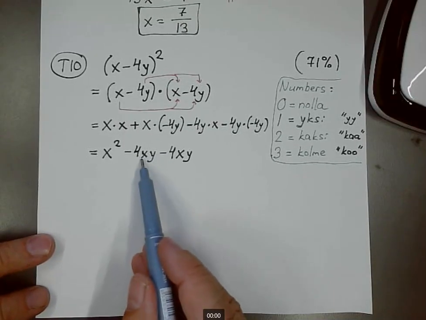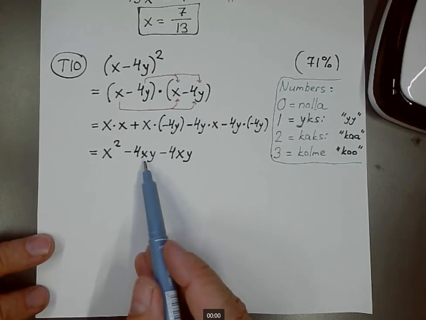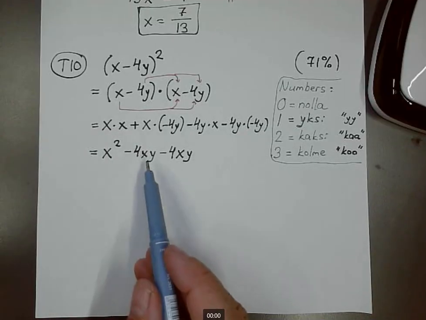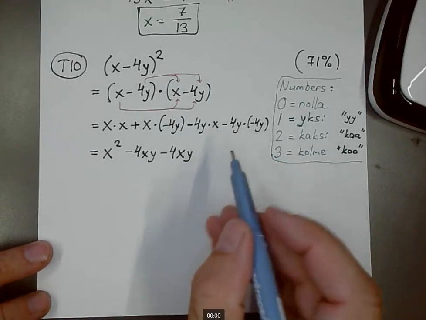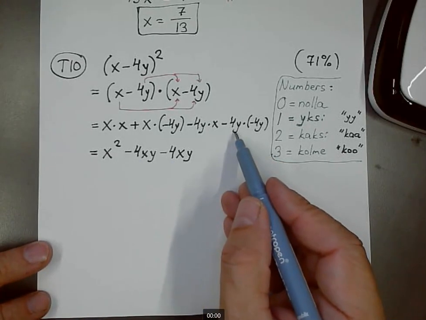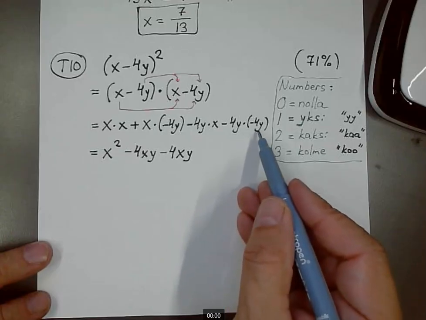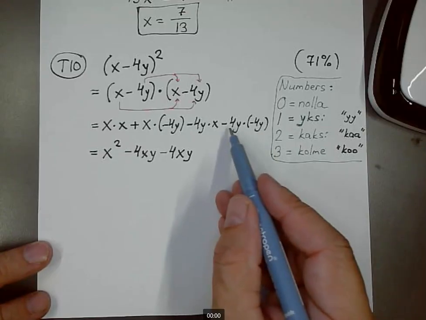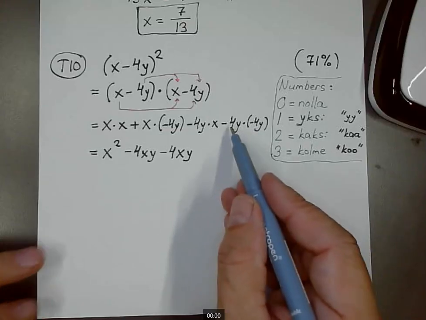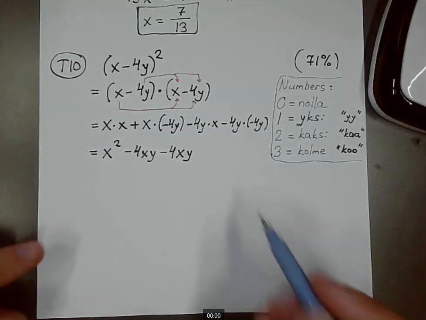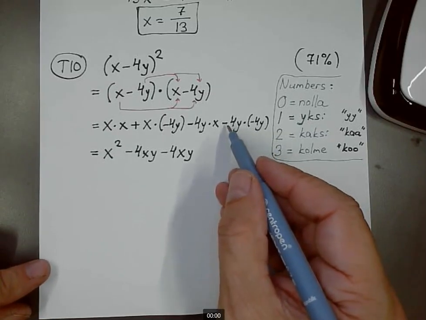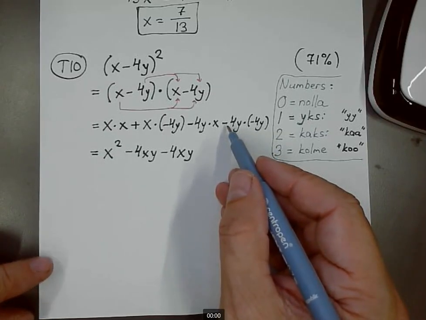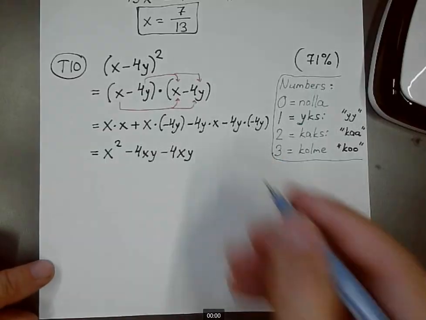They are the same, the variable part of it, or the same letters in here. And then we have this 4y times 4y, and there are minus and minus. There are two minus signs, so an even number of minus signs, so it will be plus.